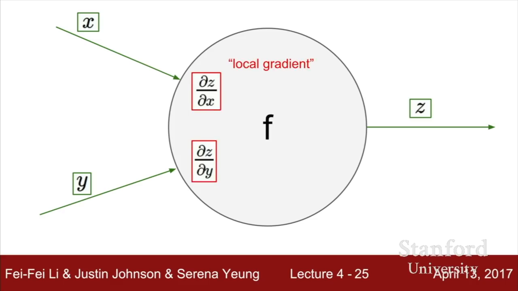At this node, we also know the local gradient. We can compute the gradient of z with respect to x and the gradient of z with respect to y. And these are usually really simple operations. Each node is going to be something like the addition or the multiplication that we had in that earlier example, where we can just write down the gradient and we don't have to go through very complex calculus to find it.